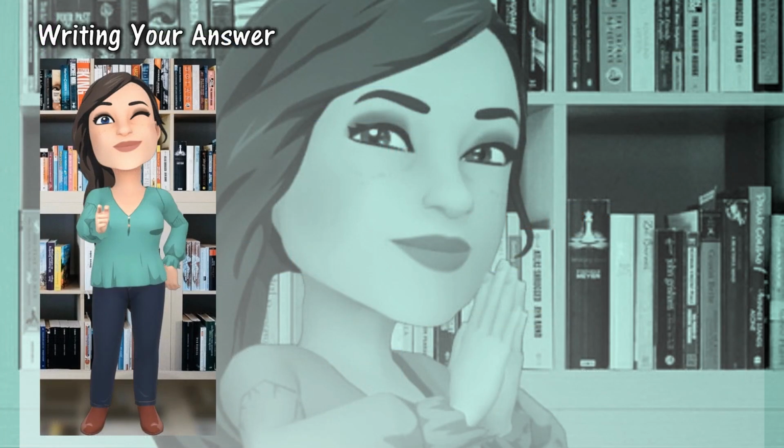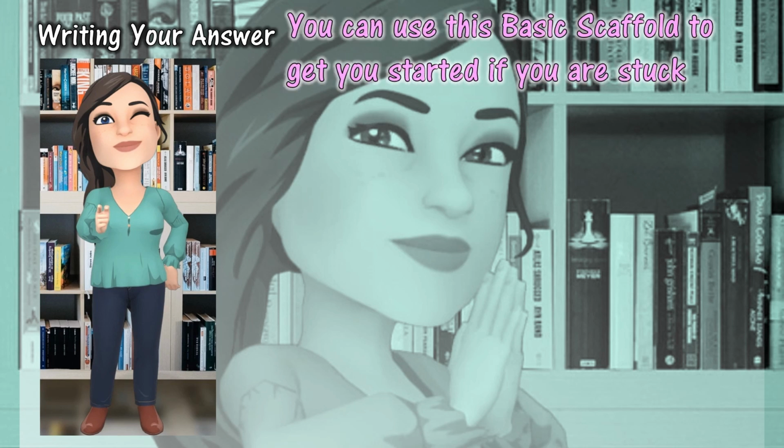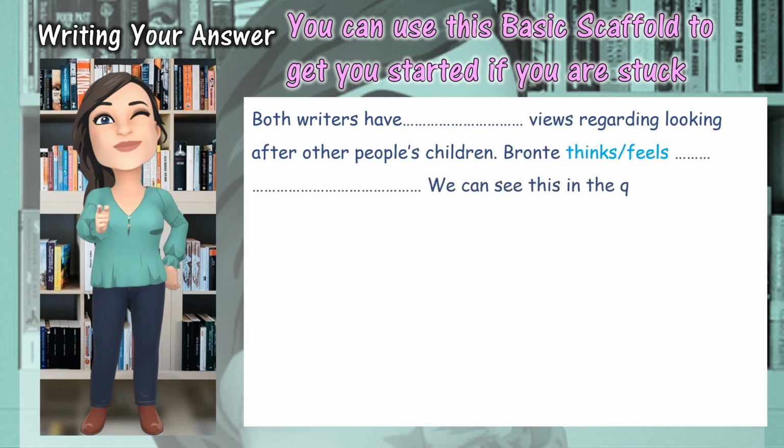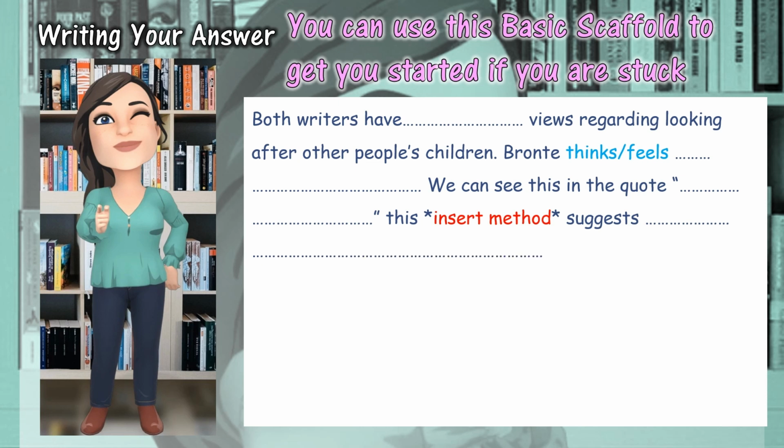So now we've analysed both texts, it's time to write an answer. You can use this basic scaffold to get you started if you're stuck. Both writers have blank views regarding looking after other people's children. Bronte thinks or feels blank. We can see this in the quote blank. This, insert method, metaphor, simile, etc., suggests blank.